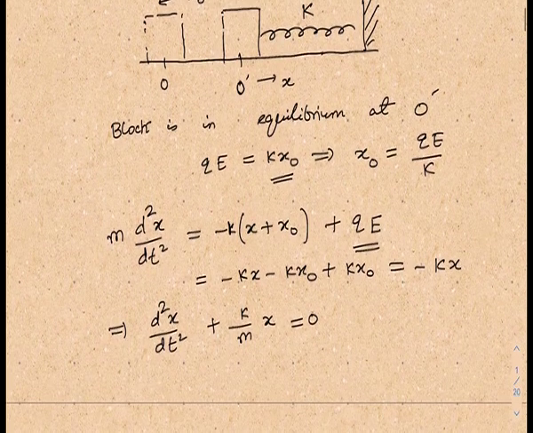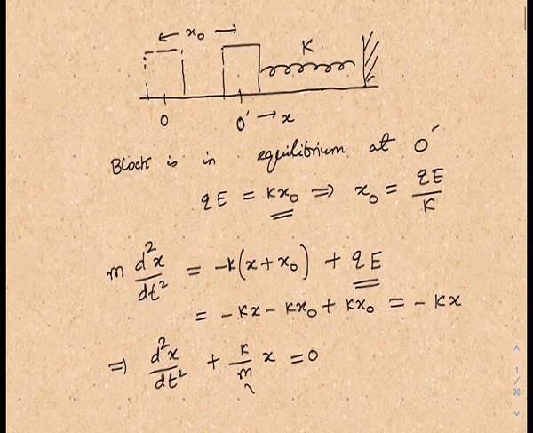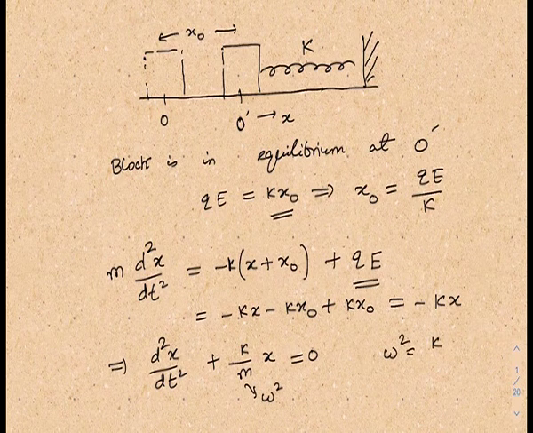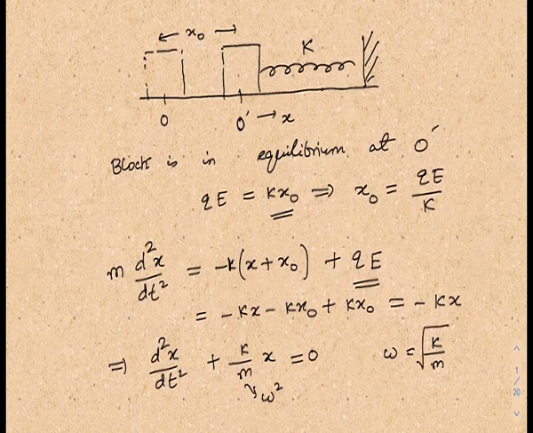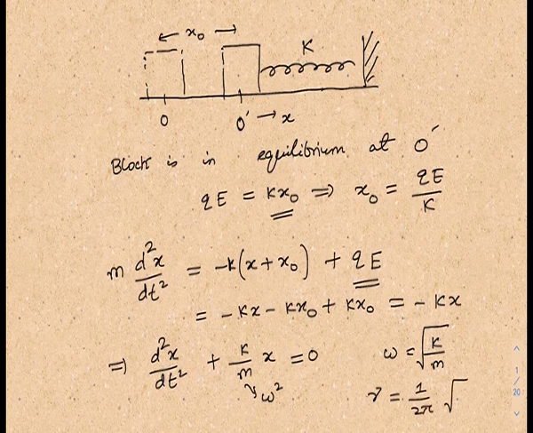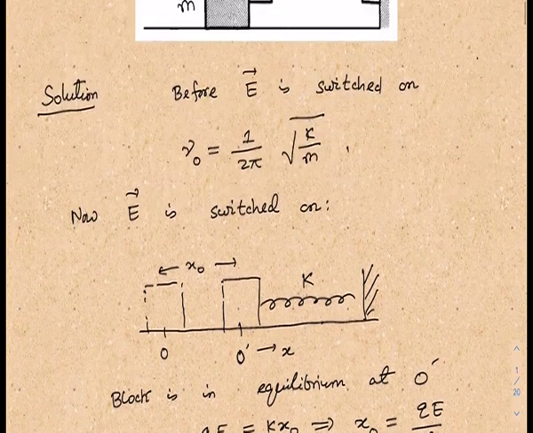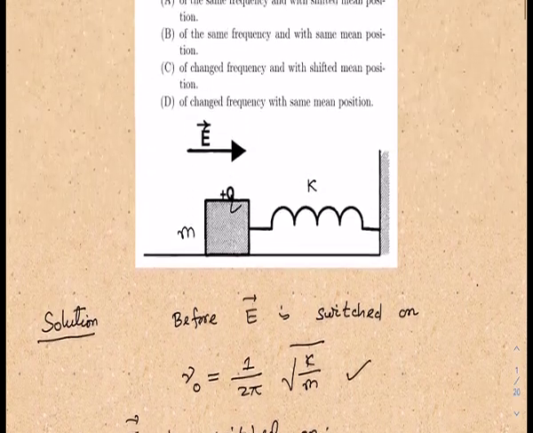And this one is your familiar omega square, because omega square is k by m, or I can just write omega is equal to square root of k by m, and therefore your nu is equal to 1 by 2 pi root over k by m. So this is the same frequency as before the electric field is switched on.